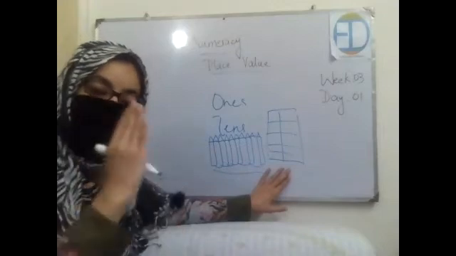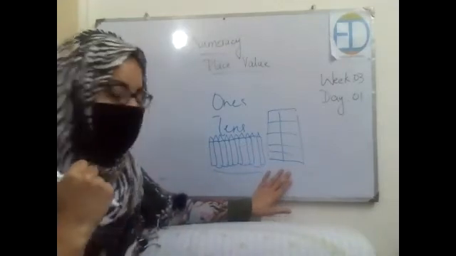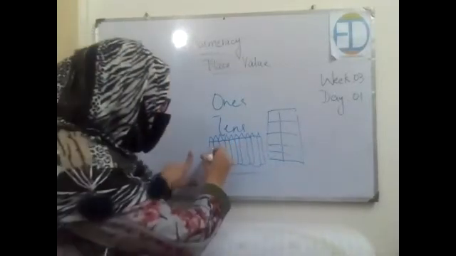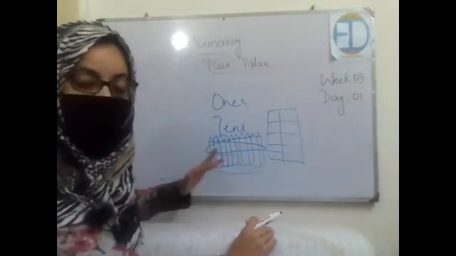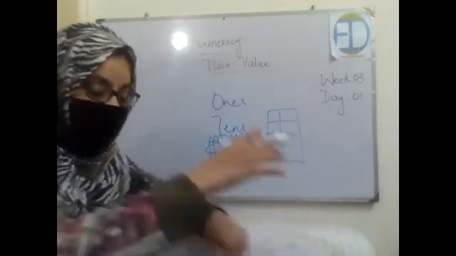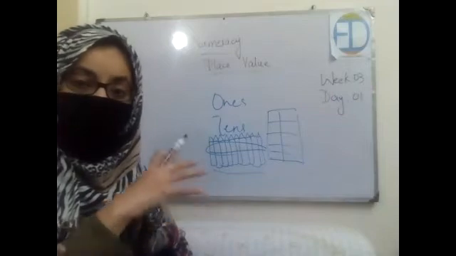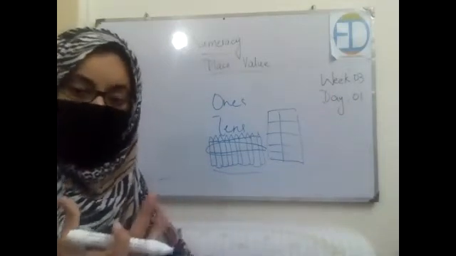This means 10 ones is equal to 1 ten. Similarly, if we broke this bundle of pencils, which are combined together, how many pencils will we get? A total of 10 pencils. Very well done. So in a group of 10, there are a total of 10 ones, right?